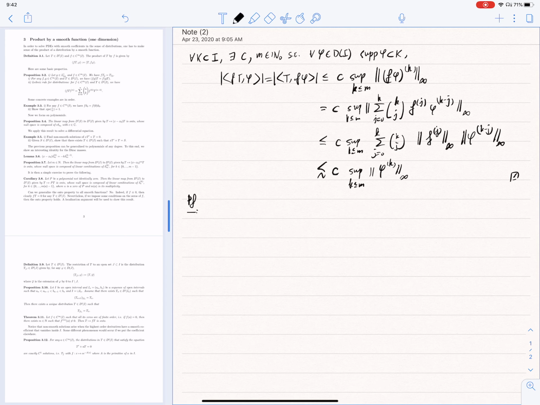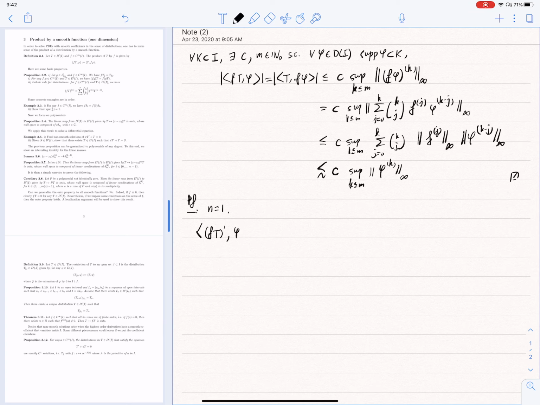Okay, so let's do the case n equals 1. We're going to show that (fT)' is equal to f'T plus fT'.